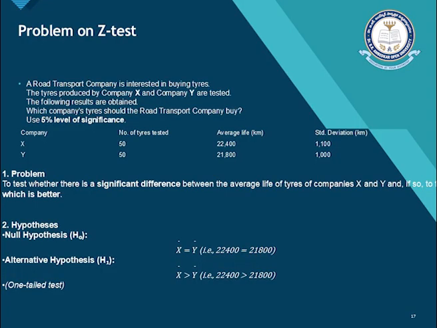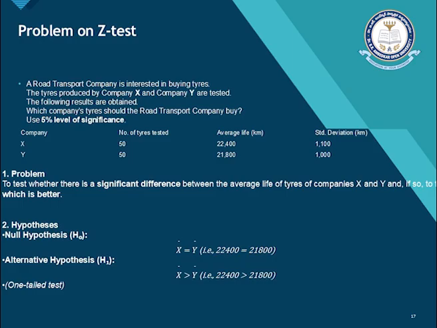Take an example: a road transport company is interested in buying tires. The tires produced by company X and company Y are tested. The following results were obtained: which company's tires should you buy and why? Use 5% level of significance.